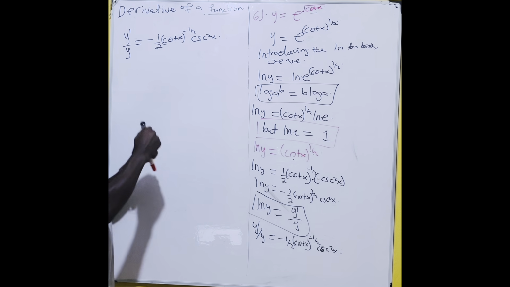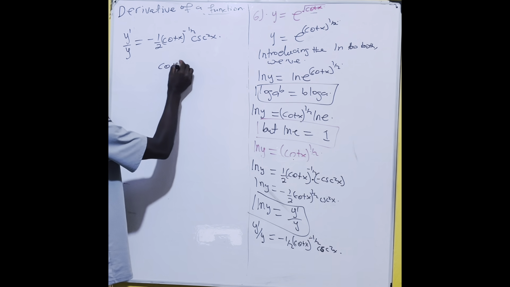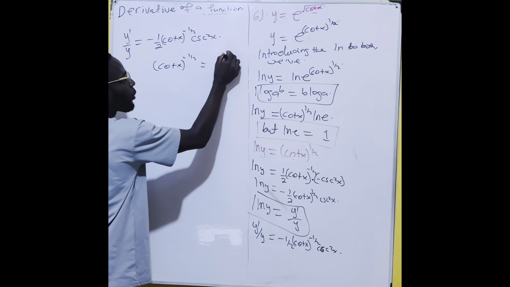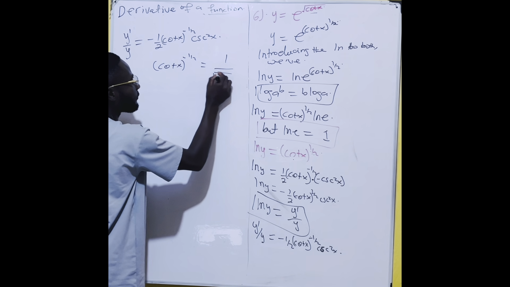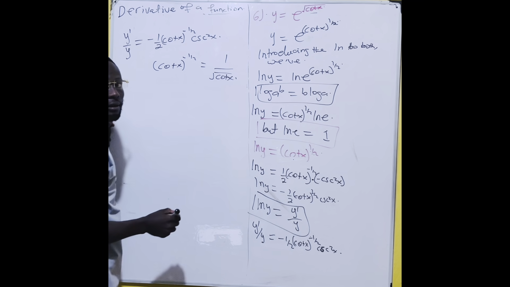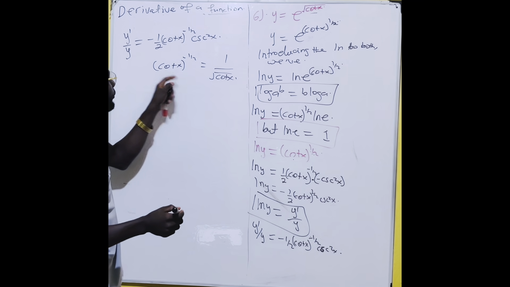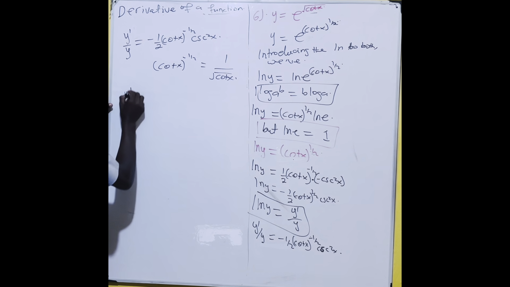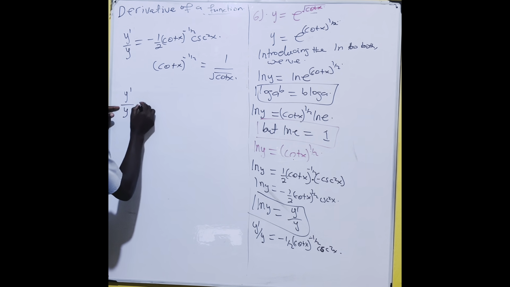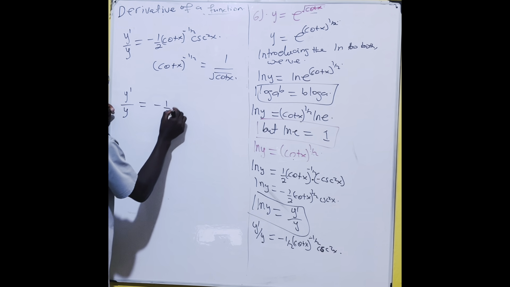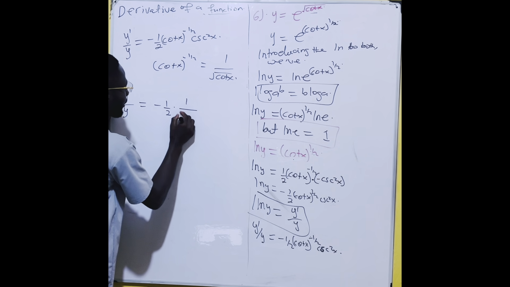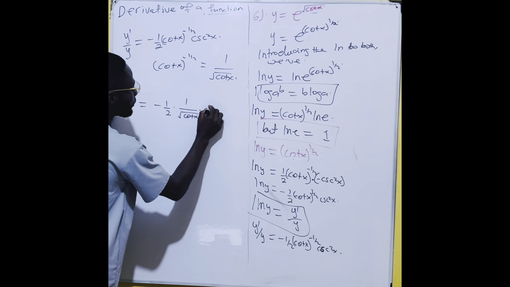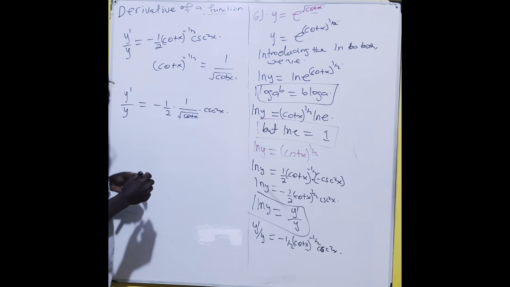And we know that cot x exponent negative half is the same as 1 over square root of cot x, right? So we change this to that in here. So we're going to have y prime divided by y equals negative half times 1 over square root of cot x times cosec squared x, right?